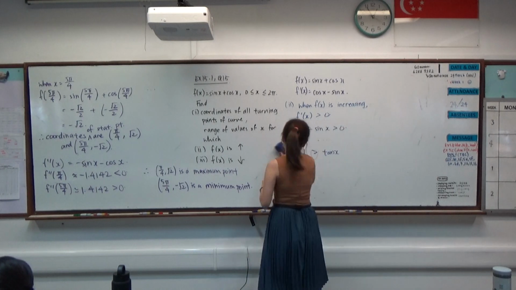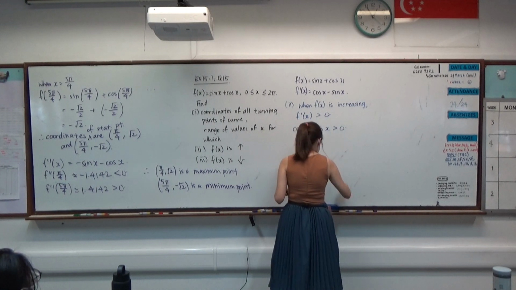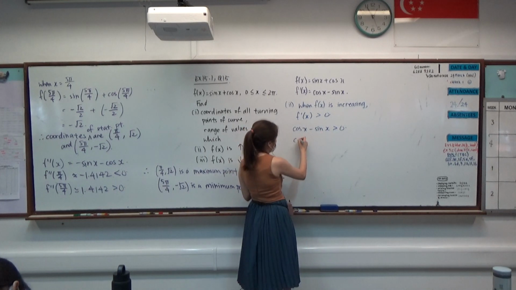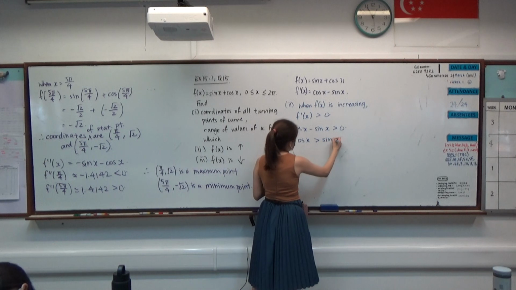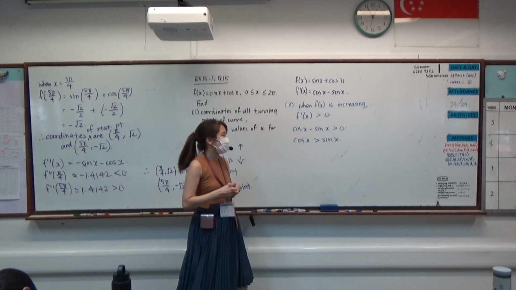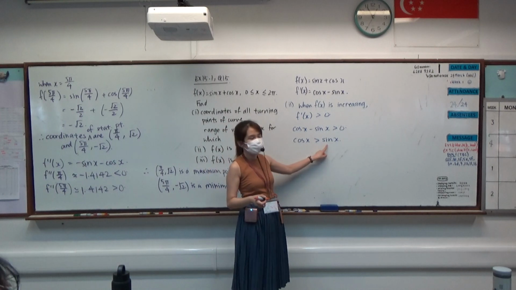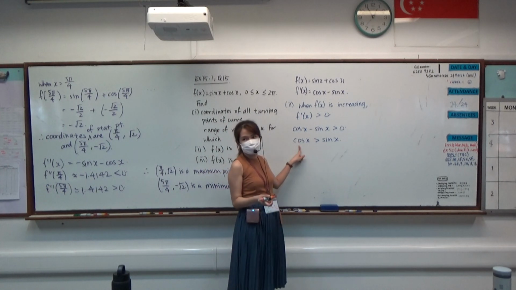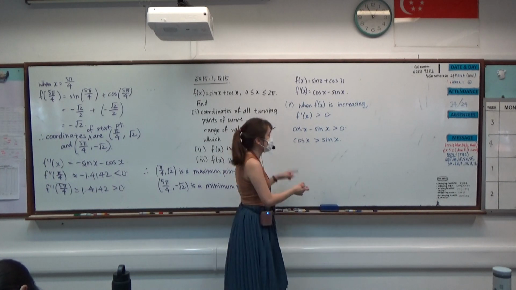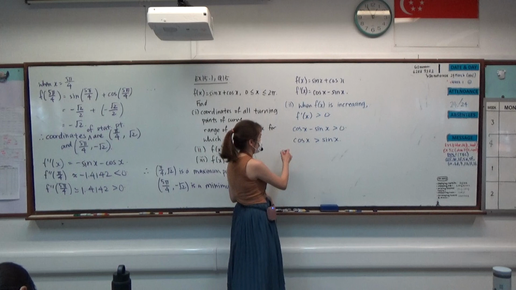So going back to this, there was nothing wrong with bringing your sine x to the other side. Essentially, when we write it in this manner, we want the sine graph to be lesser than the cosine graph, or the cosine graph being more than the sine graph. So that's how we interpret this inequality.